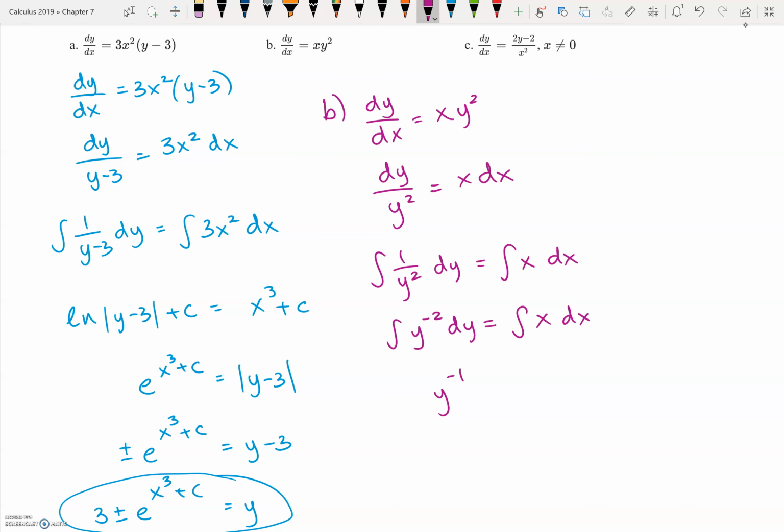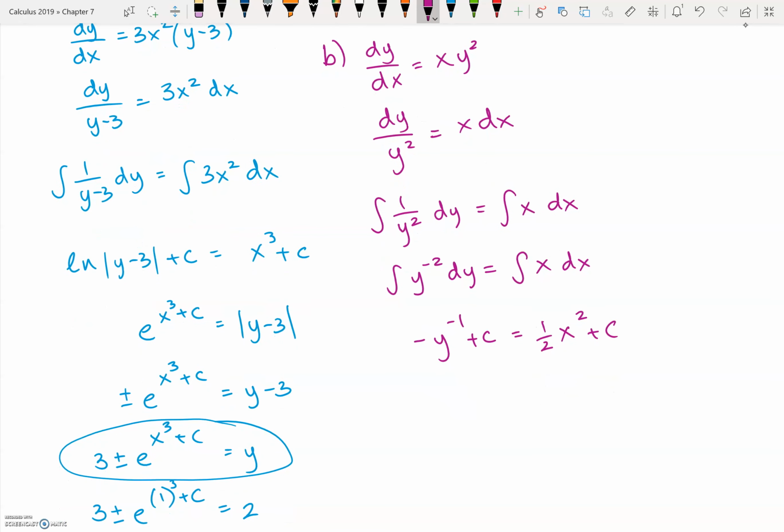But there's a coefficient of 1 here, which means that I need to put a negative sign here. So this is going to be negative y to the negative first plus c. And the antiderivative of x is going to be x squared, but when I take the derivative of x squared, we need to multiply it by a half so that it gets a coefficient of 1. Let's say plus c there.